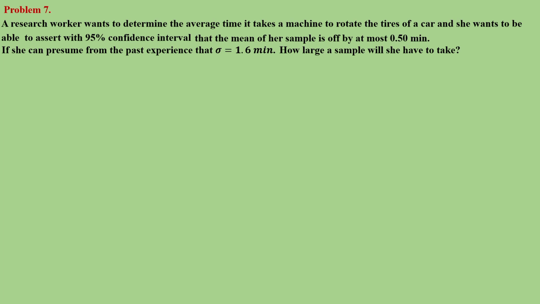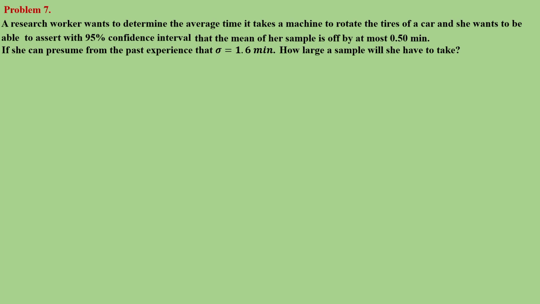Actually, you know, in the wheel alignment units in the mechanic shed, they rotate the tires of the car, right? They will check that. Determine the average time it takes a machine to check the wheel alignment, take it as it is, right? Tires of a car.